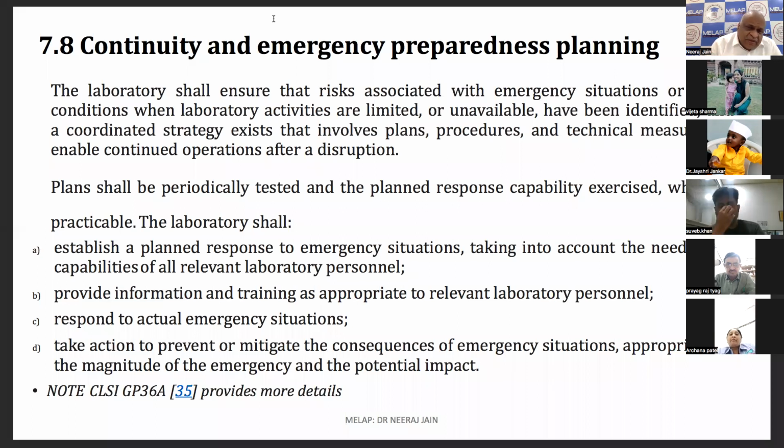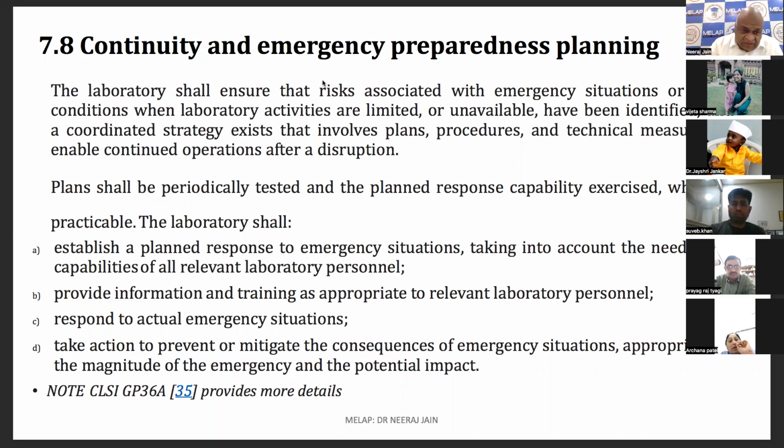This emergency preparedness planning also, I think people realized after this COVID-19 situation, the laboratory shall have some system. How you are planning for emergency preparedness. So this should be periodically tested, whether it is effective or not, because you may find something at global level, maybe something at country level, maybe something at your institution level.